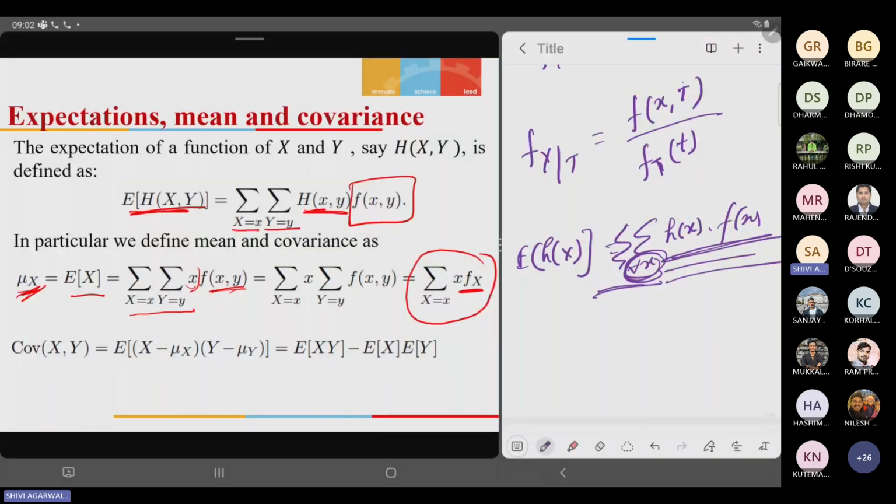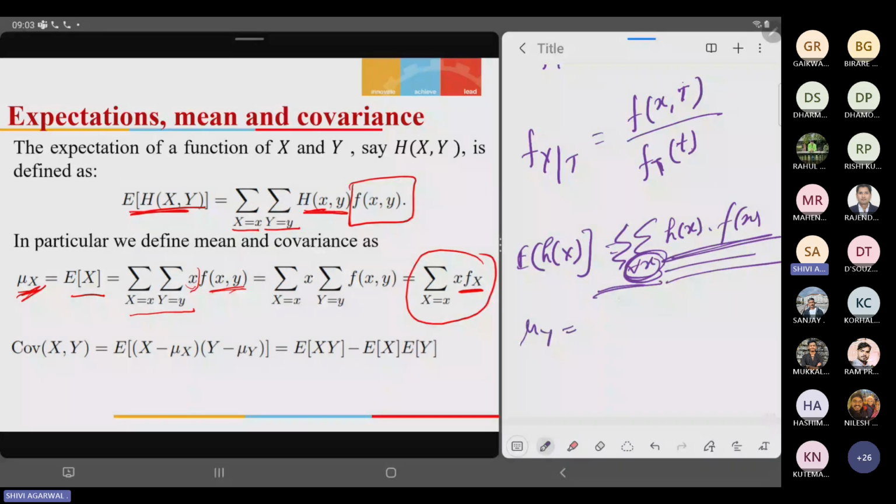So for x function only, we can use the marginal density function. We multiply it by x and take the summation for all values of x. If you have already calculated it, then it is okay. Otherwise, you have to use that concept also. That is very easy actually. Similarly, we can find out mu y.